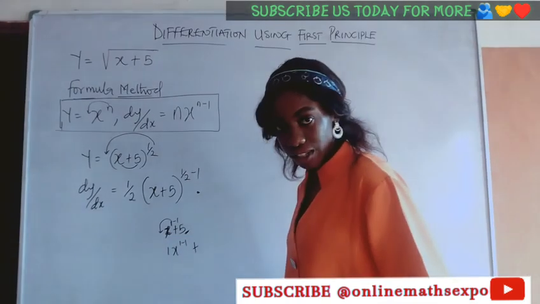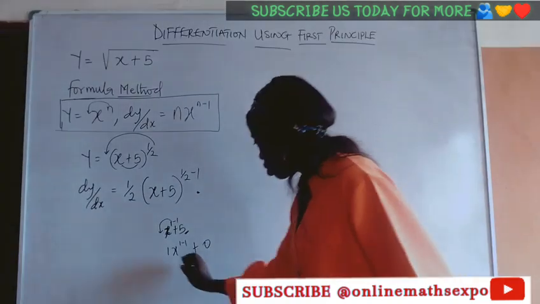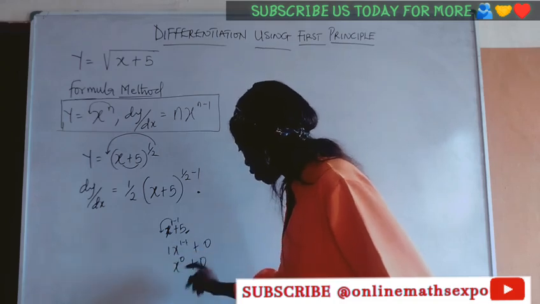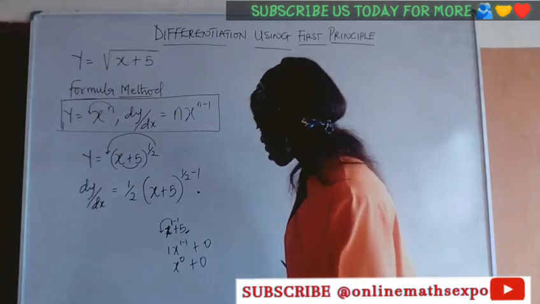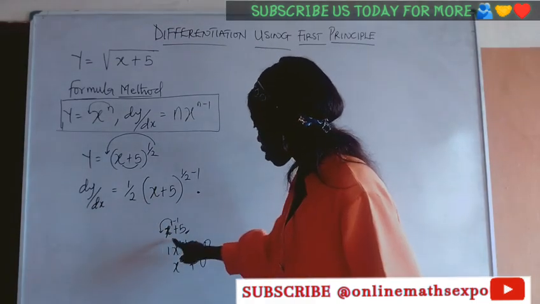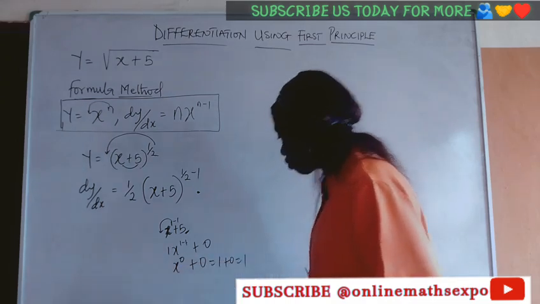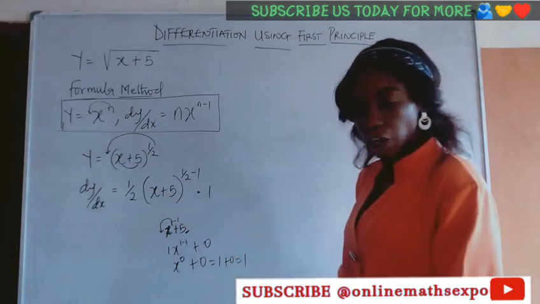Whenever you differentiate a constant, it is 0. We have said it in our previous tutorials. So this is x to the power of 1 minus 1, which is 0, plus this 0. And x to the power of 0 is 1. I hope it's clear. So if I differentiate x plus 5, I'm going to have 1 plus 0, which will give us 1. I hope that is clear.